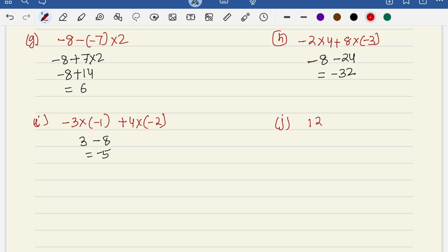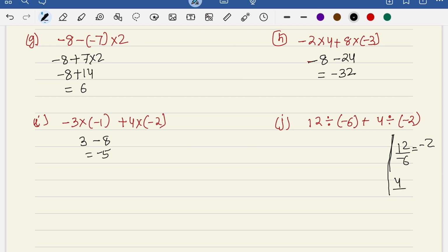J part, 12 divided by minus 6 plus 4 divided by minus 2. So 12 divided by minus 6 would be done first, then 4 divided by minus 2, and then there is a plus sign in between, so we will add them. 12 divided by minus 6 is minus 2.